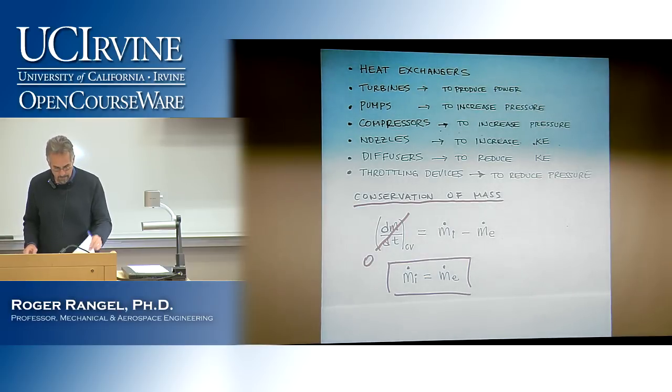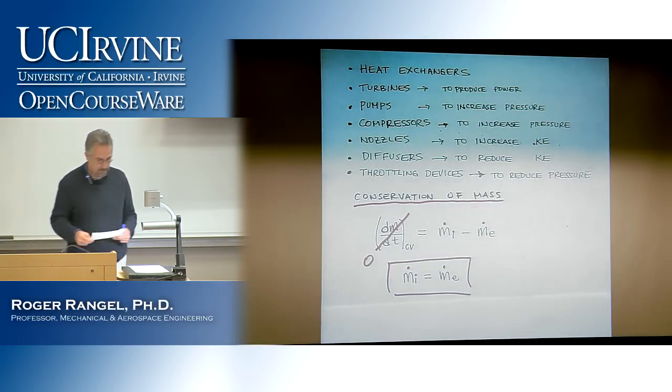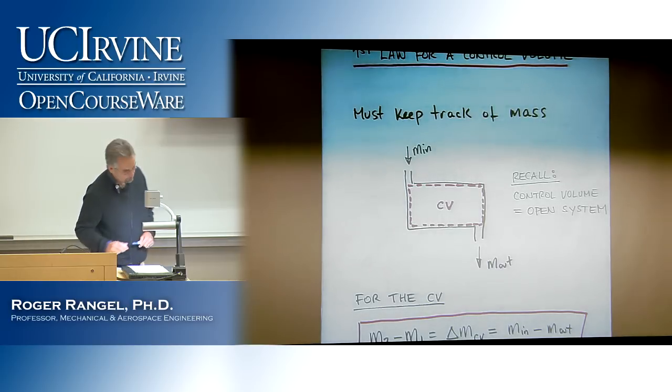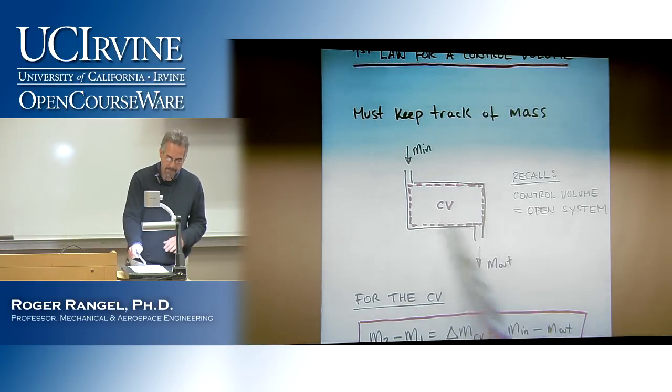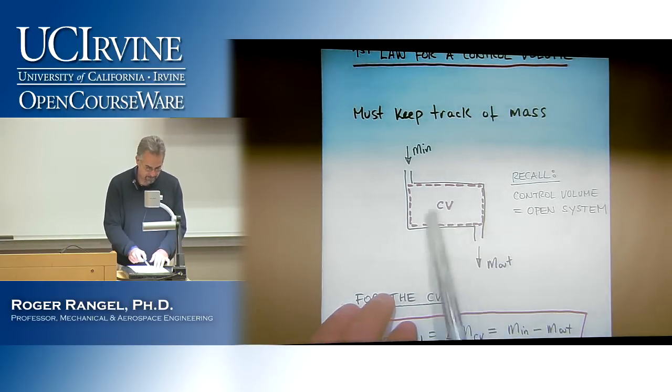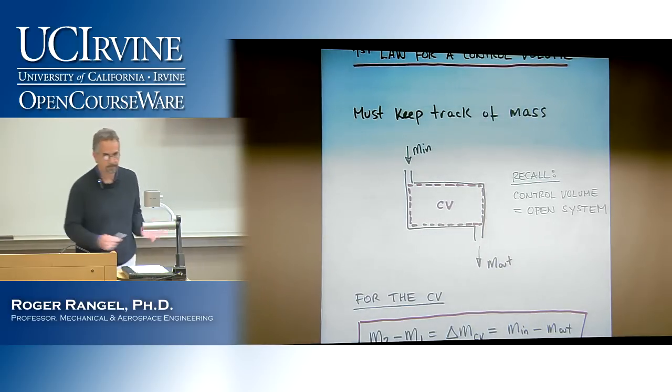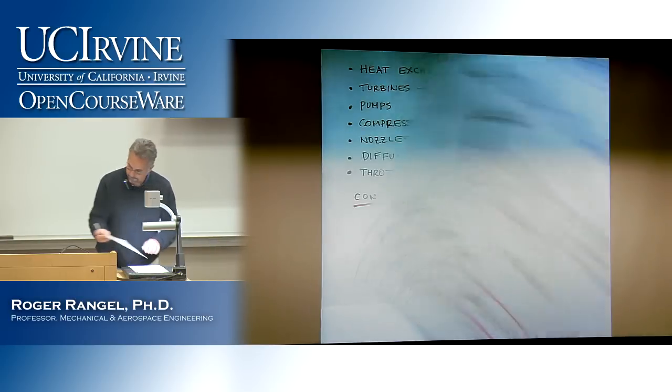Otherwise, it will be impossible to have the same mass inside the control volume. So if I go back to my original example, if this tank is operating in steady state, that means that the mass in here cannot change in time, then m in must be equal to m out. That's very obvious.